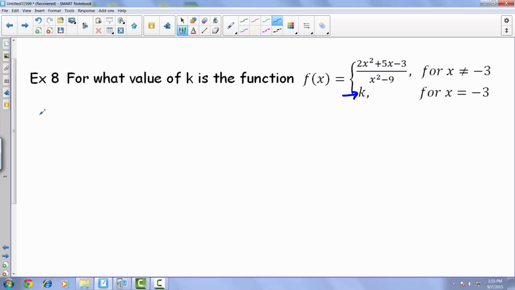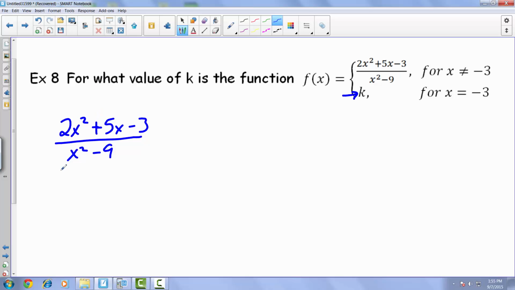Let's go ahead and take our function, 2x squared plus 5x minus 3 all over x squared minus 9, and look at it a little bit more closely, just because this k value could be literally anything. We have no idea what it is, but we can maybe determine some things with this other piece.